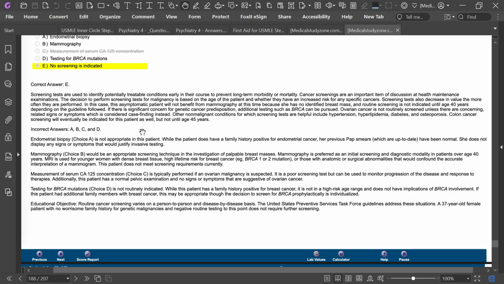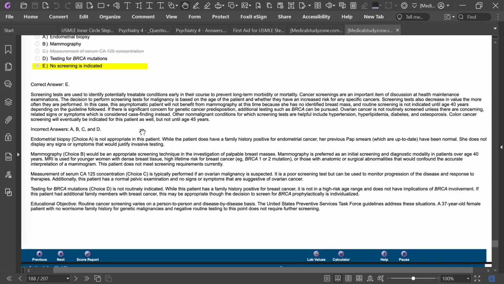Ovarian cancer is not routinely screened unless there are concerning signs and symptoms, which is case finding. Instead, other non-malignant conditions for which screening tests are helpful are hypertension, hyperlipidemia, diabetes, osteoporosis. Colon cancer screening will eventually be indicated for this patient as well, but not until age 45.